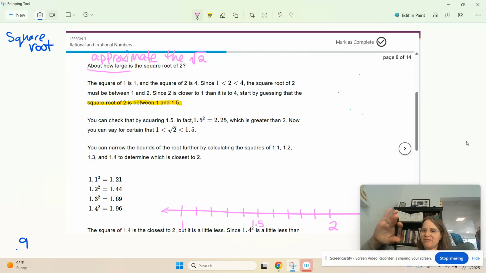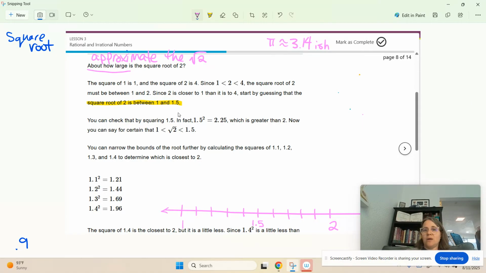Approximating is when we say, oh, it's close, right? Pi is close to 3.14. Okay, 3.14-ish.